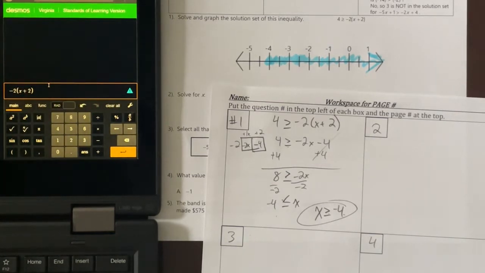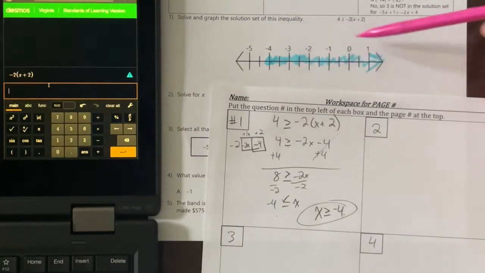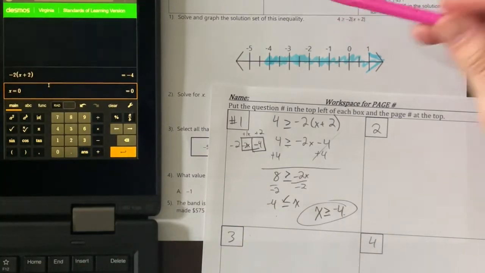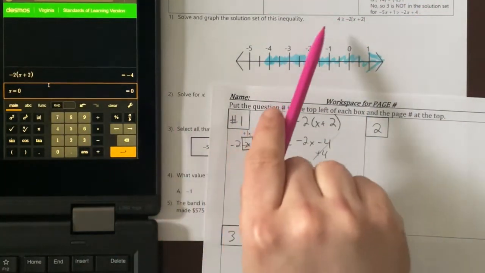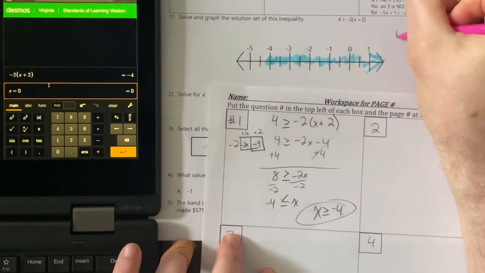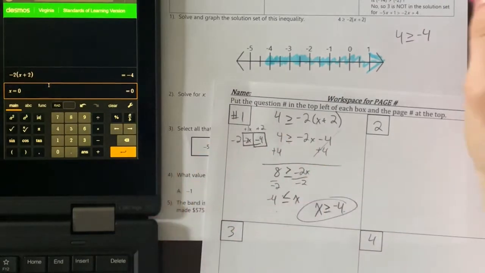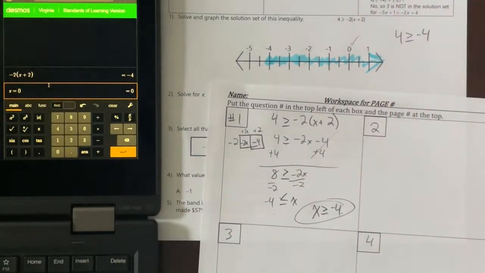If I am looking carefully, I'm saying, okay, I could include any of these values. So I usually like to use 0. So let's say when x equals 0, that value is 4. Is 4 greater than or equal to negative 4? It is, since it's greater than. So since it is true, it is included.